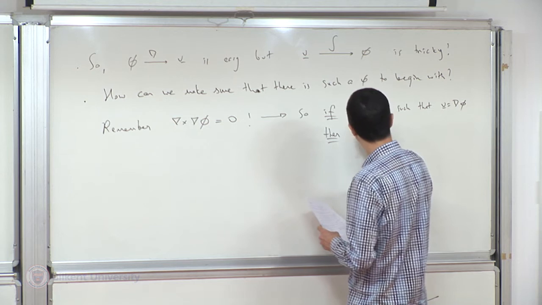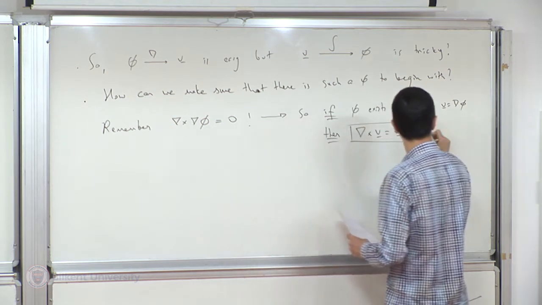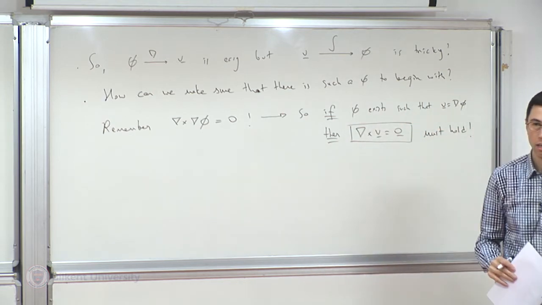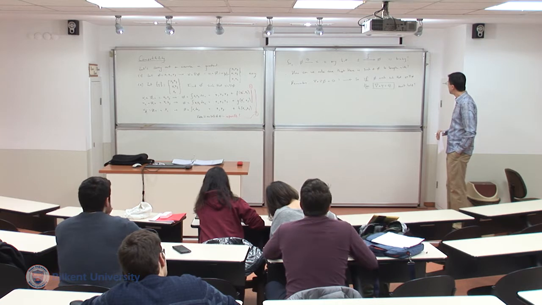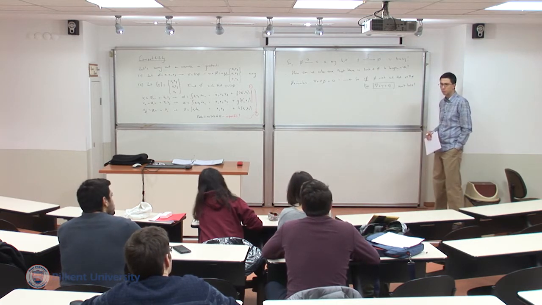Then the curl of v must vanish, right? Because v is gradient of phi and curl of gradient is equal to 0.